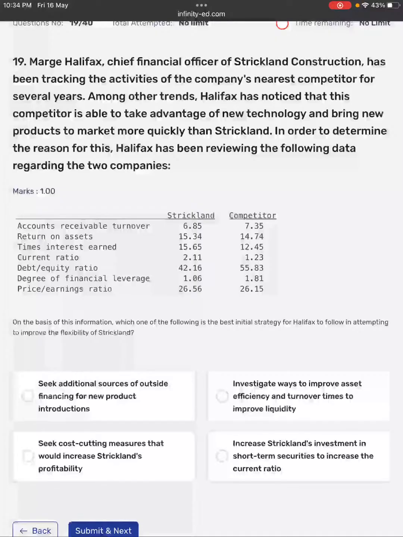Investigate ways to improve asset efficiency and turnover times to improve liquidity.